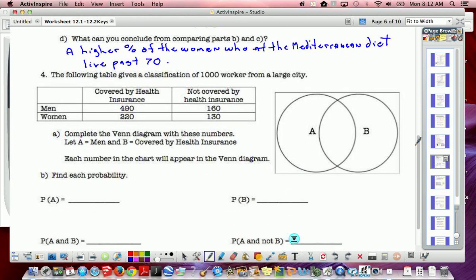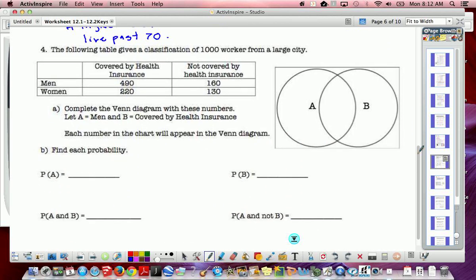All right, number 4. Last one here. It says the following table gives the classification of 1,000 workers from a large city. So it says complete the Venn diagram with these numbers. Let A equal men, so A is going to be our men, and B will be covered by health insurance, so has health insurance.